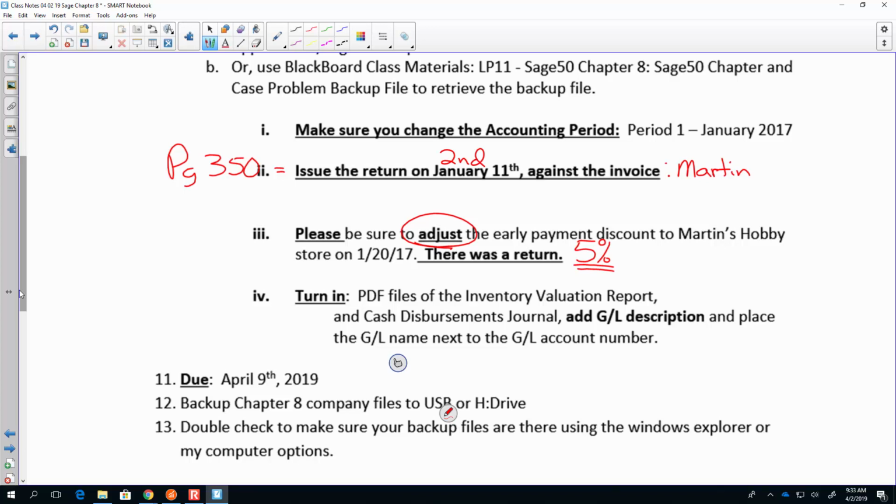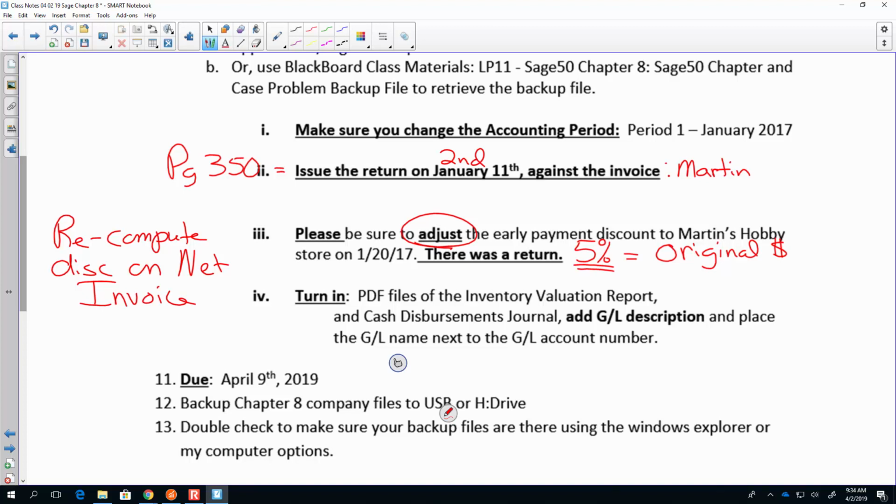They're going to get a 5% early payment discount, but you need to modify the amount, because remember, this 5% was on the original amount. I want you to base it upon the net. So recompute discount on net invoice. Everybody understands what I mean by net? The gross minus the return.